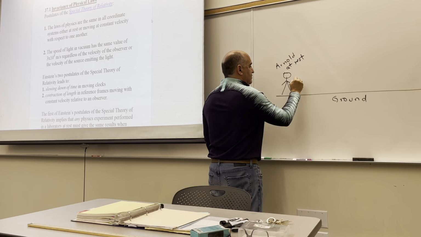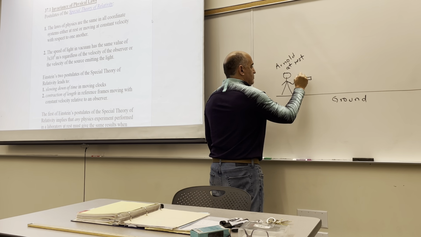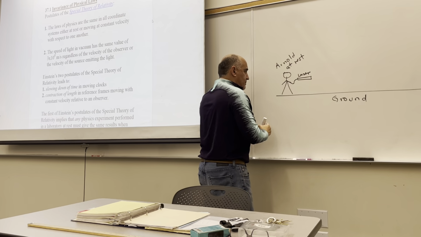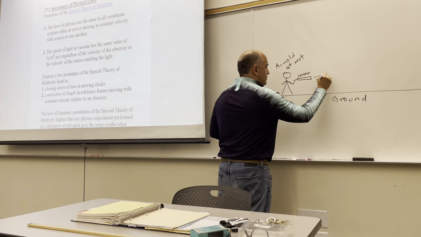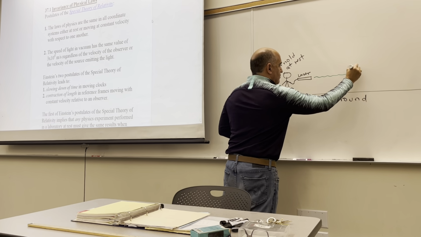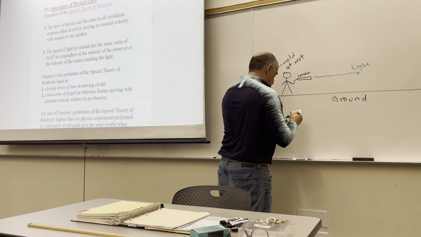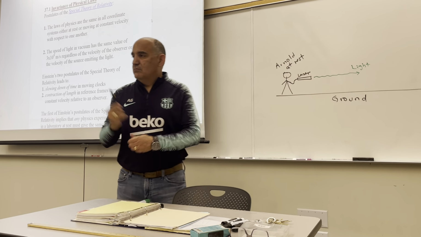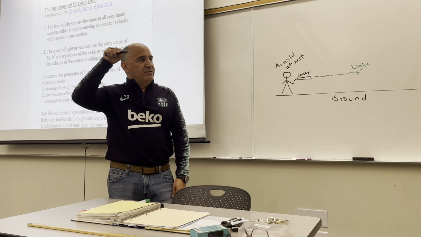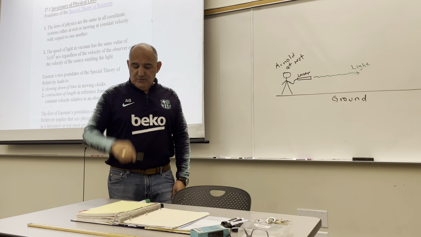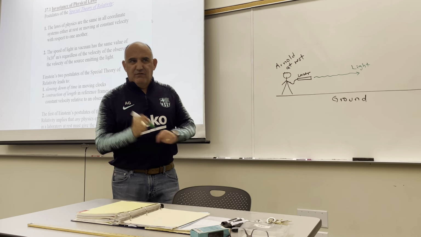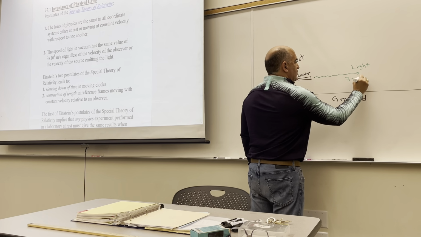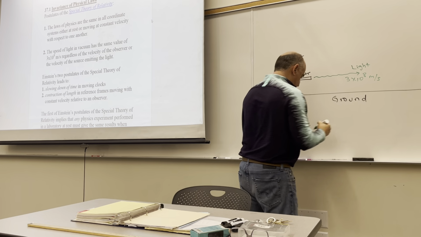And I take out a laser pointer and I shoot a beam of light. Okay? So how fast does a beam of light travel relative to me? It travels at 3 times 10 to the 8th meters per second.